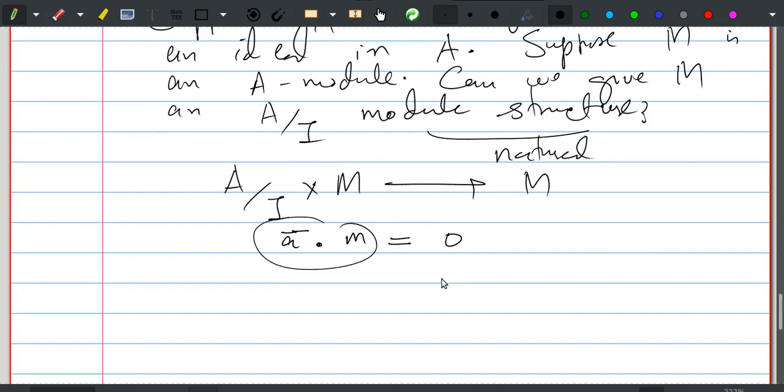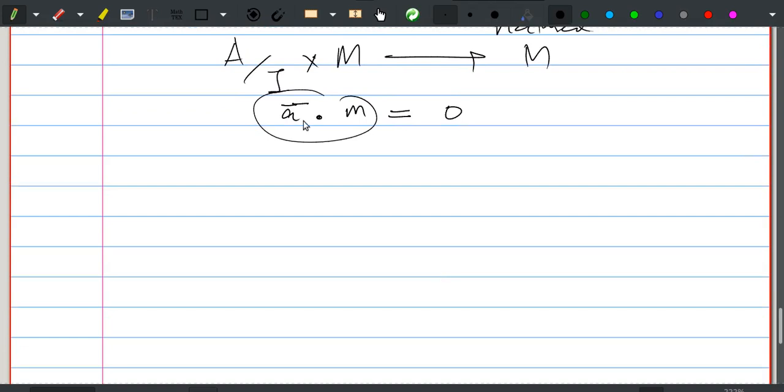So is there any operation? If I take an element a bar in A mod I and an element m in M, can we define this am, where a is in A?